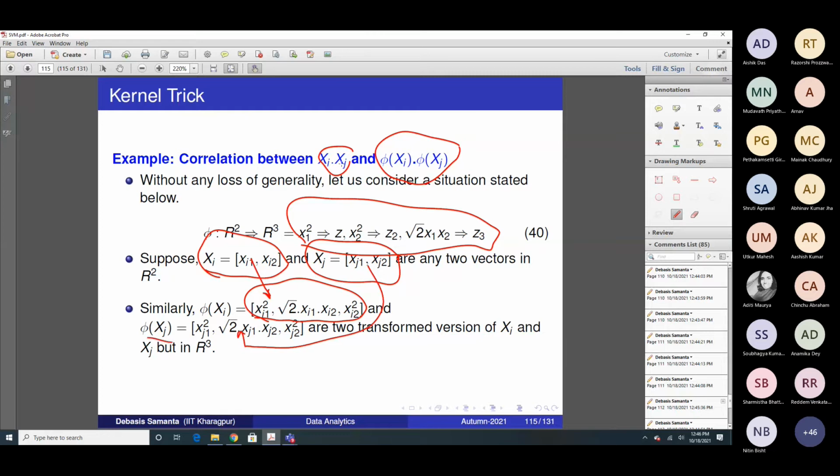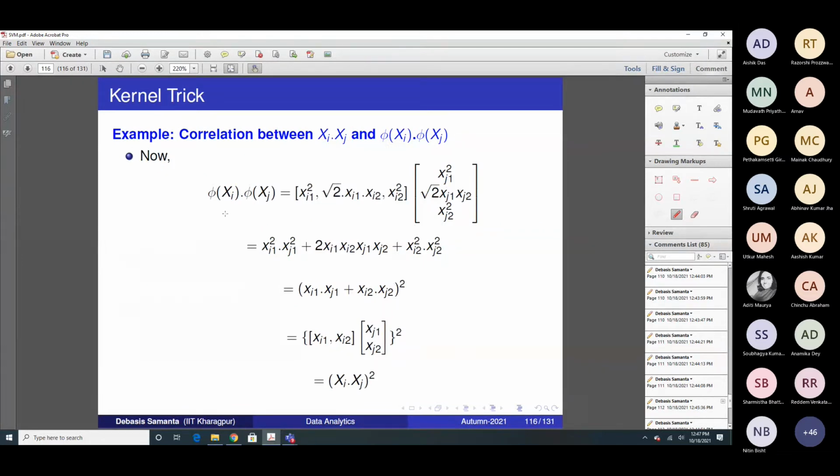I want to just explain how xi dot xj and phi xi dot phi xj are equivalent. Equivalent means they are effectively the same thing. Now here, let us consider the dot product of phi xi dot phi xj.